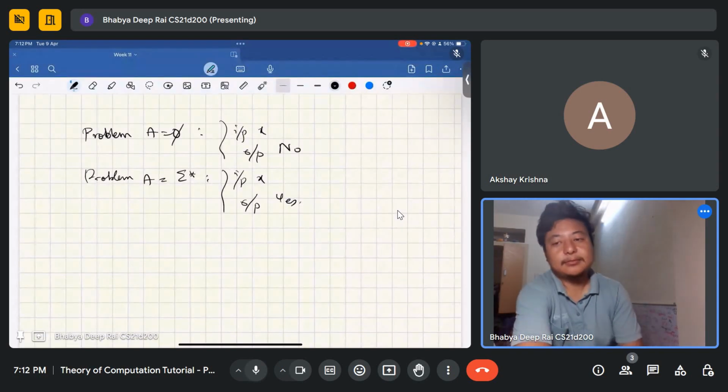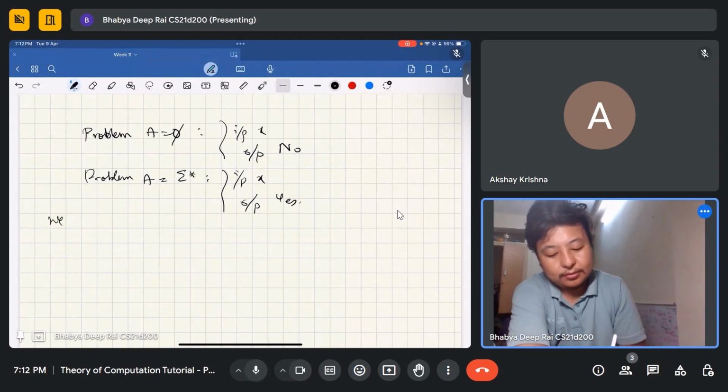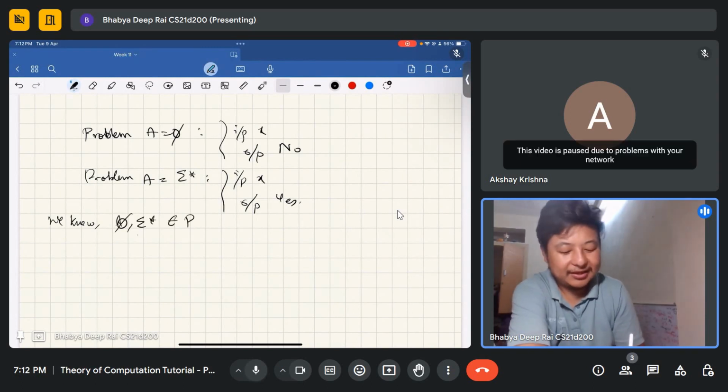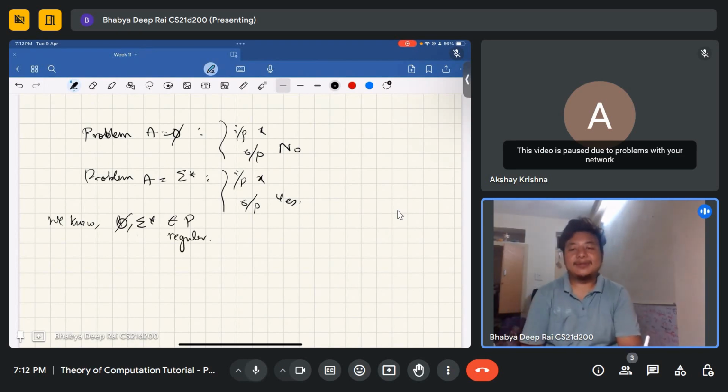Now we know both phi and sigma star are in P. Both, because they are both regular.